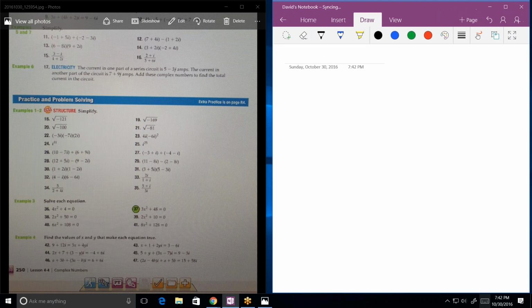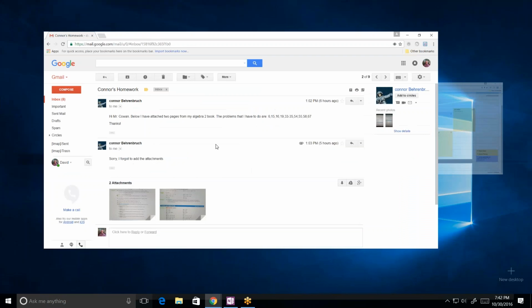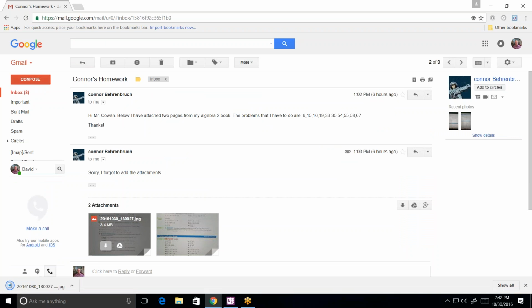What next? Number 54, which is going to be on the next page. Let's see. Hold on, I might have screwed up. Okay. That's this page here, right? It should be, yes.